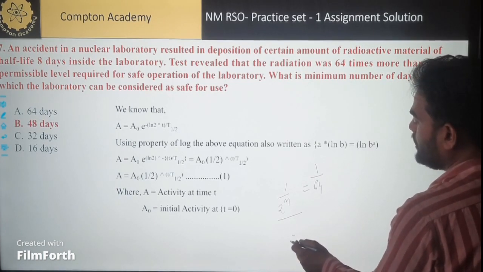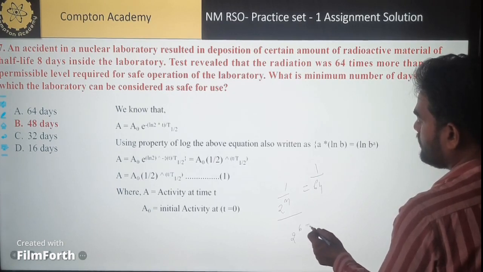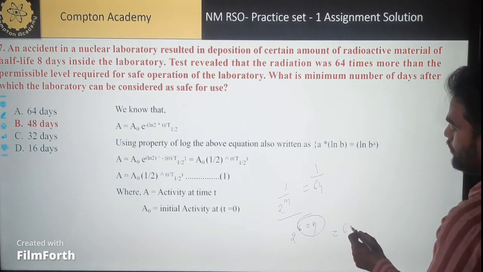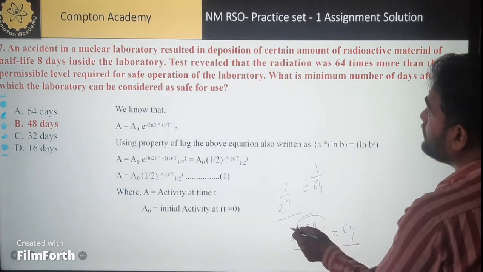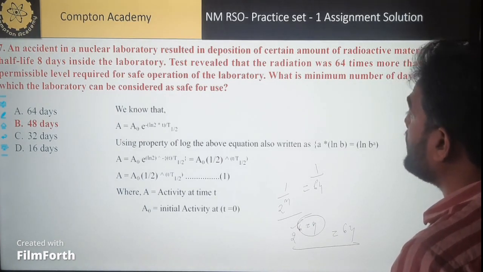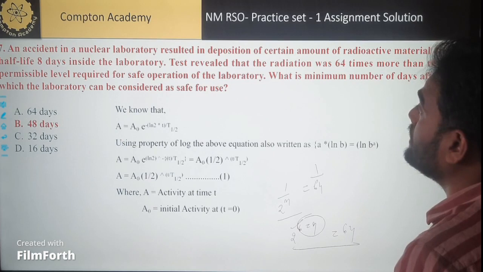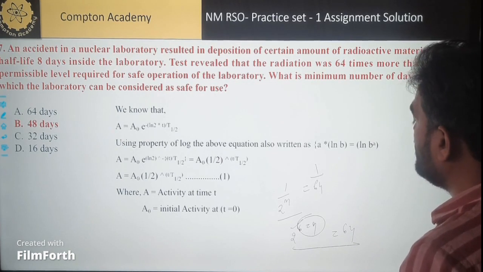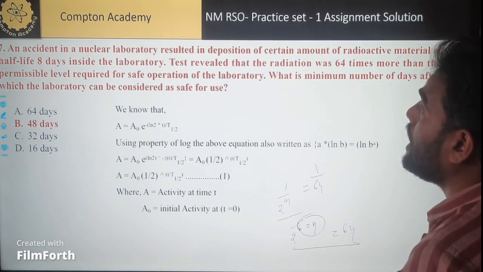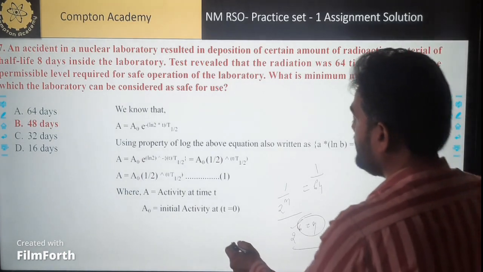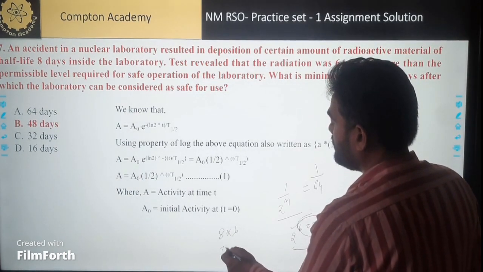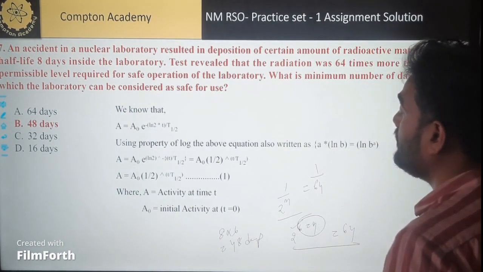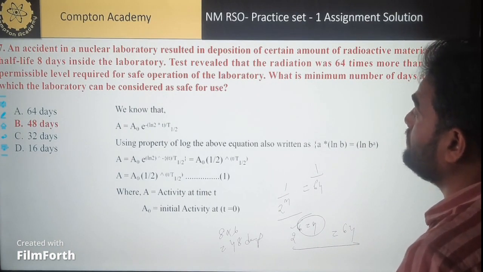You will get 2 raised to power 6, which is equivalent to 64. So n is the number of half-lives for which the radionuclide will decay. The half-life is 8 days. You directly utilize the value of 6 and multiply with 8 days, so 8 multiplied by 6 gives 48 days. Then after 48 days, the facility will be safe for operation.